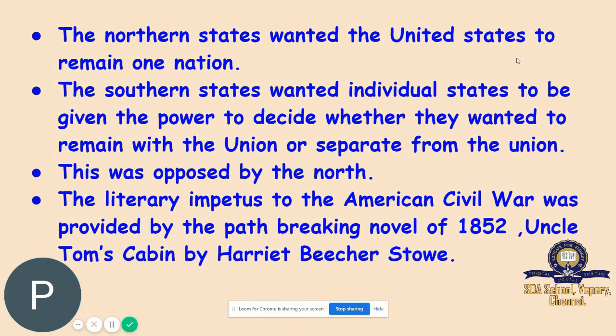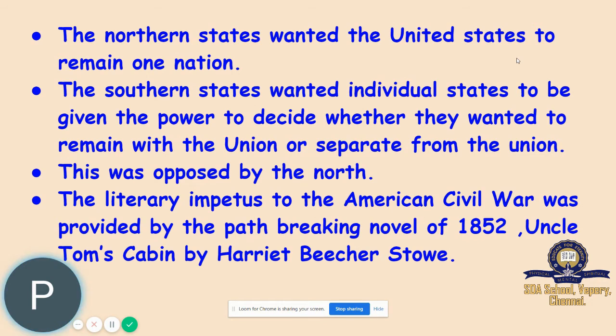The northern states wanted the United States to remain one nation, but the southern states wanted individual states to be given the power to decide whether they wanted to remain with the Union or separate from the Union.